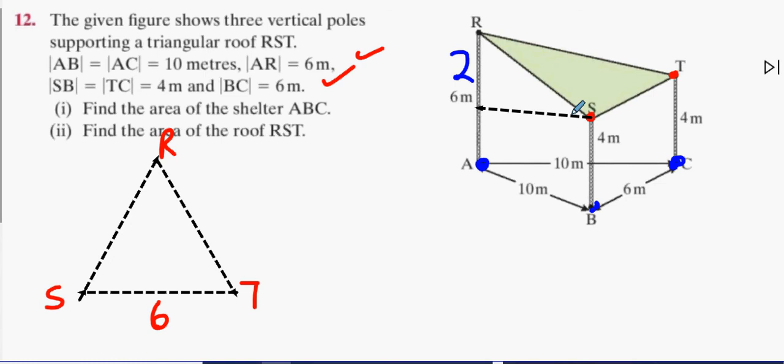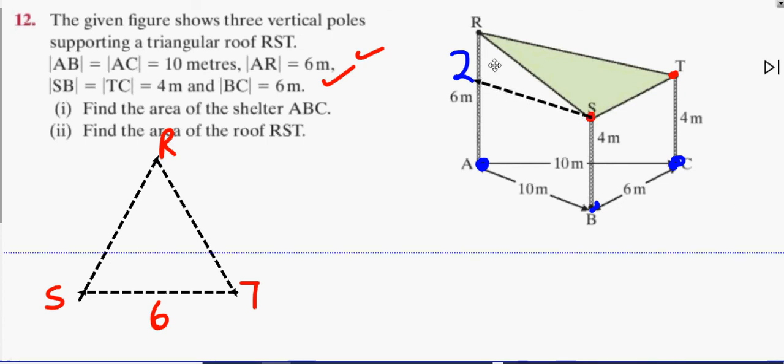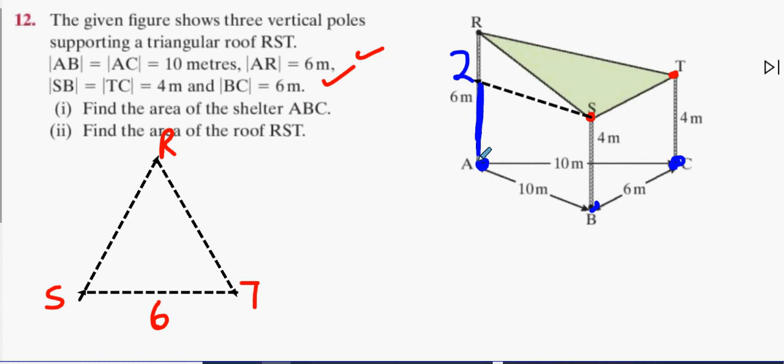Alright, what's this distance here? From A to S, straight across. Sorry, technically the diagram shouldn't look like that. Technically the diagram should look like that. That's right angled though. And I'll explain why it's right angled. Because this length here is 4, they're at the same level as each other.